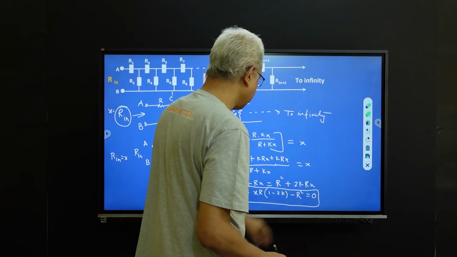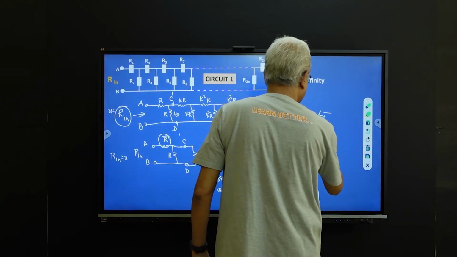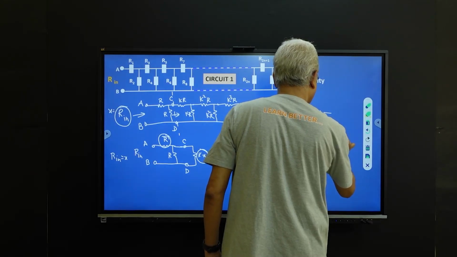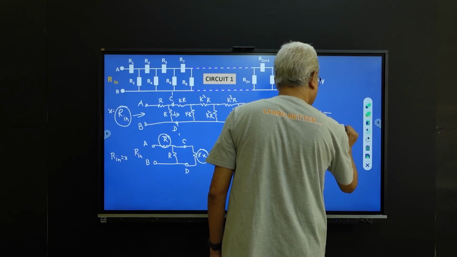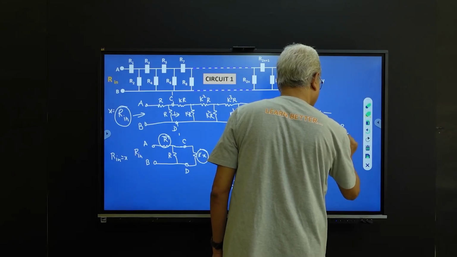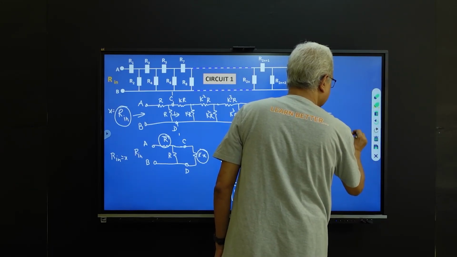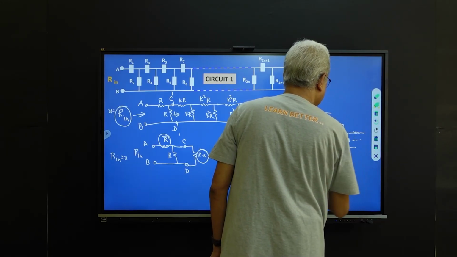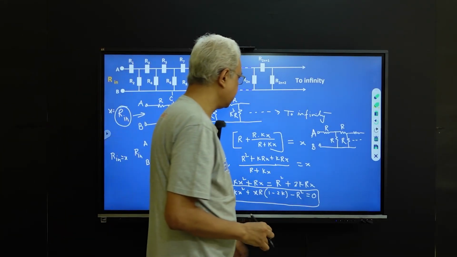Okay, so it's a quadratic equation. And you can compare this input resistance with what you already know for this type of circuit, where all resistances are equal. You can work out this type of circuit's resistance by substituting K equal to 1 in the expression.